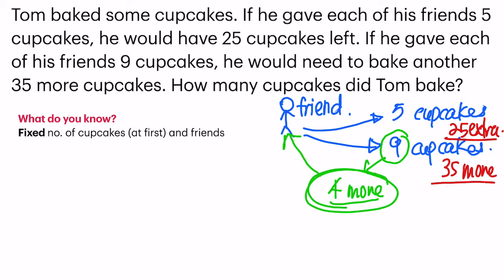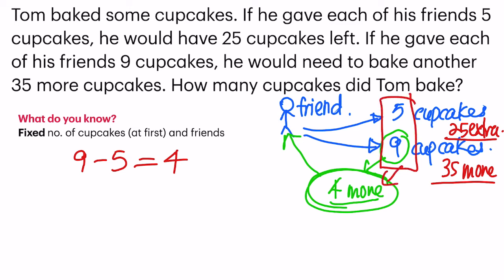It comes from the 25 extra and the 35 more that he has to bake. Now let me repeat again. Since Tom had to give each of his friends 4 more cupcakes. Okay, how did I get a 4? 9 minus 5 equals 4.